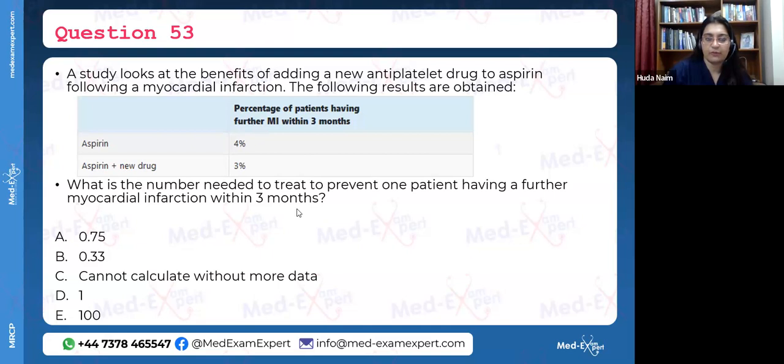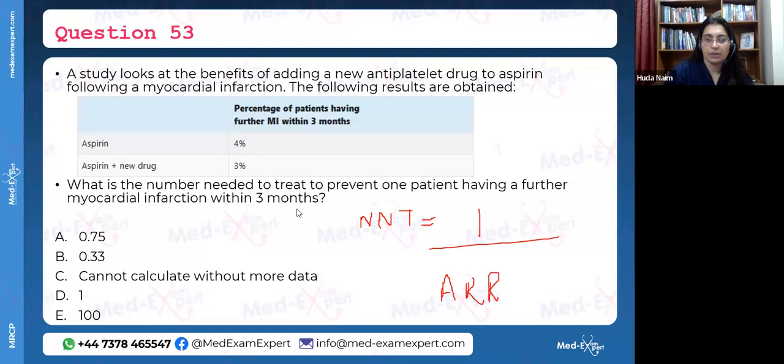So what is the formula for number needed to treat? What is the formula? It's 1 divided by the absolute risk reduction.